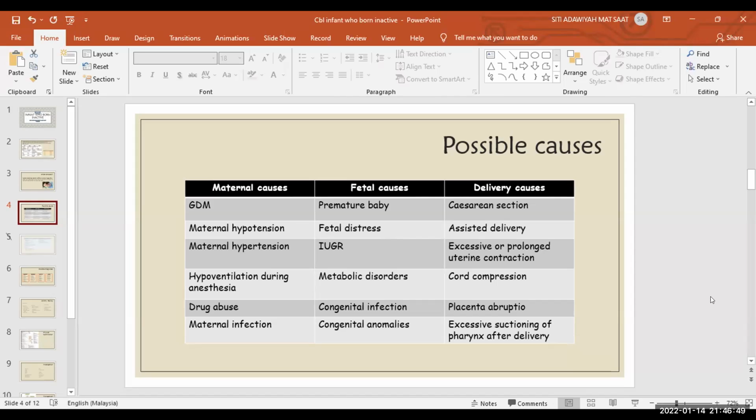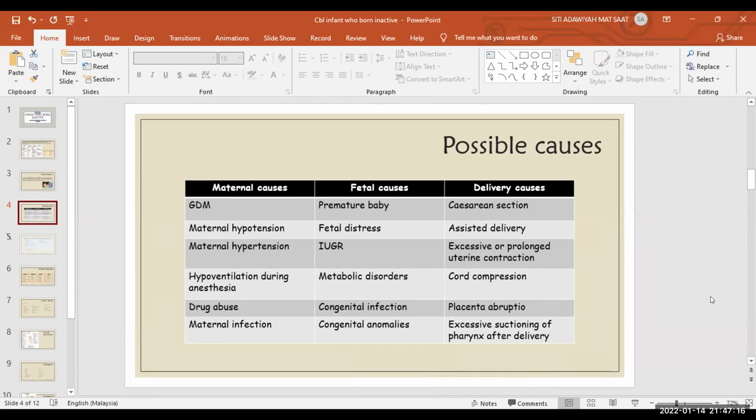For the delivery causes, compared to children born through spontaneous vaginal delivery, cesarean section can cause more complications to the infant, and assisted delivery such as vacuum assisted delivery can also introduce trauma and may lead to problems.